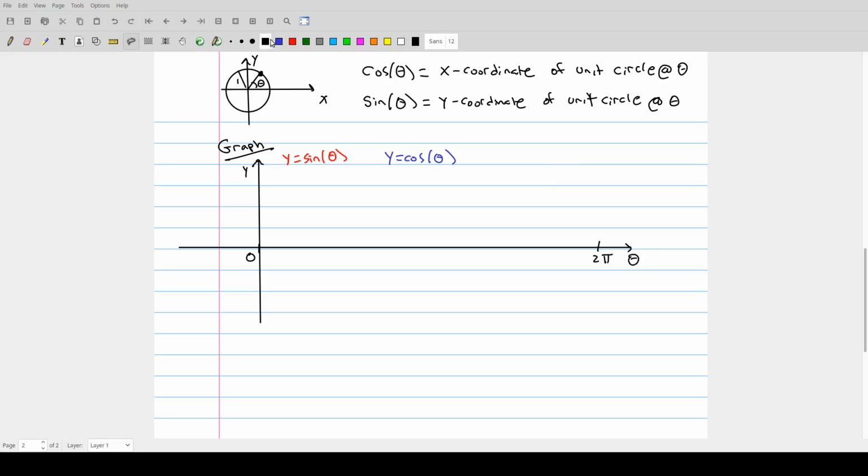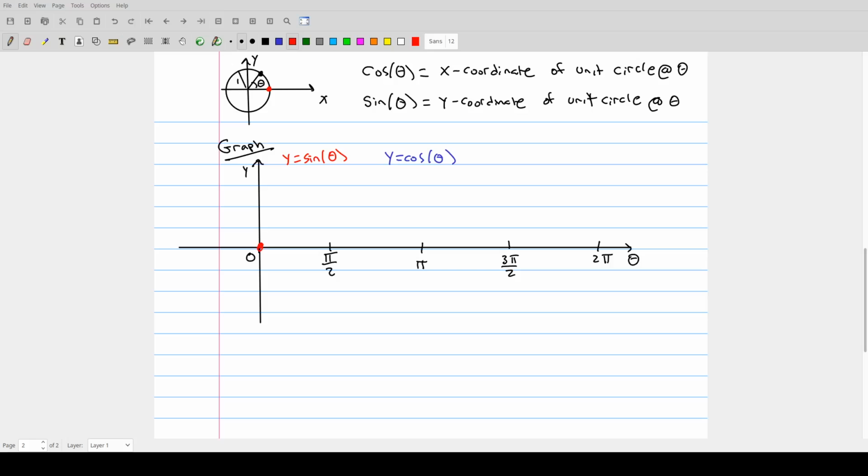So if theta is going from 0 to 2 pi, this corresponds to half of 2 pi, which is pi. This value of theta corresponds to 3 pi over 4. And this value of theta corresponds to just pi over, 3 pi over 2, not 3 pi over 4. So the sine function is the y-coordinate at 0 angle, which is 0.